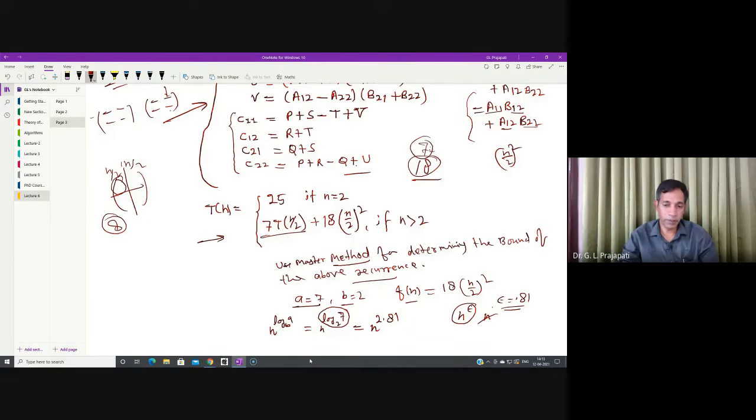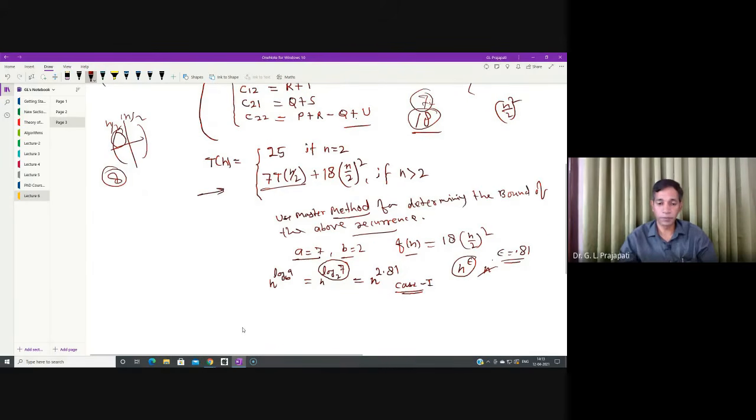And we have seen the technicalities in the master theorem. When n raised to the power log base b of a is polynomially larger than f of n, then case 1 of the master theorem applies. So again case 1 applies. According to case 1 of the master theorem, what is the bound?